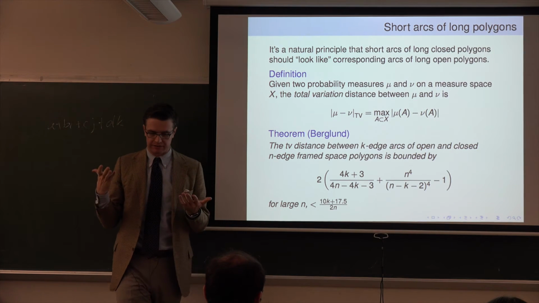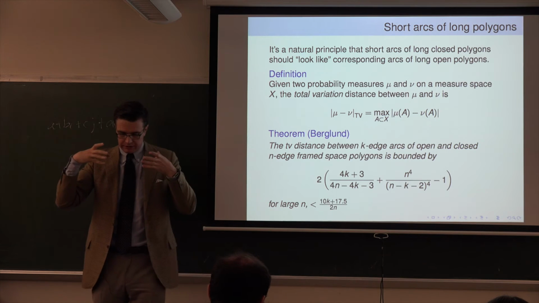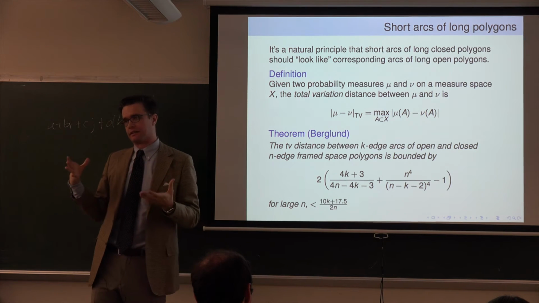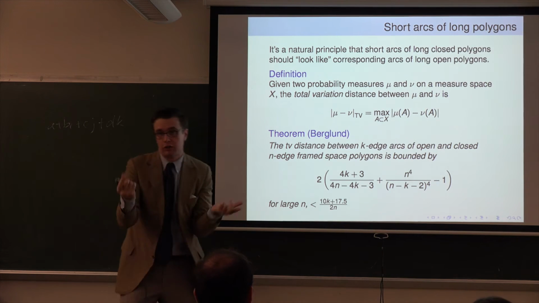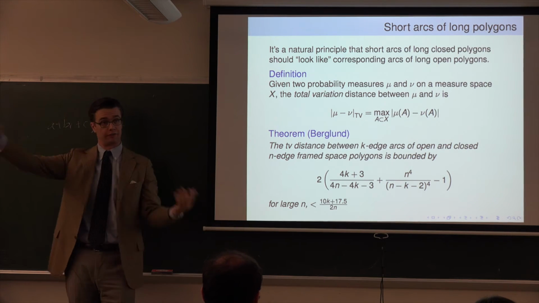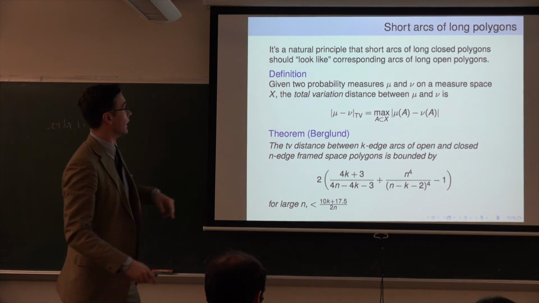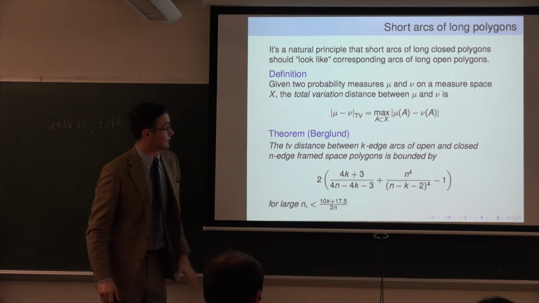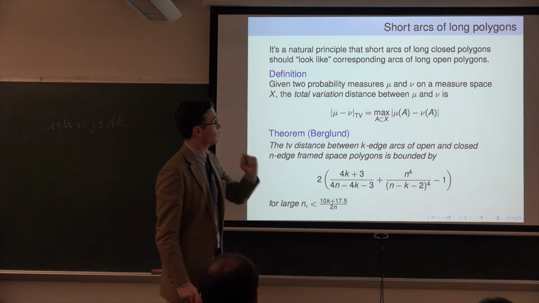So the intuition is that, if you have enough steps, you should think that you're basically not constrained at all. So short arcs of closed things should look like short arcs of open things at a measure theory or probabilistic level. And this is what this theorem says. This is just the definition of total variation distance.